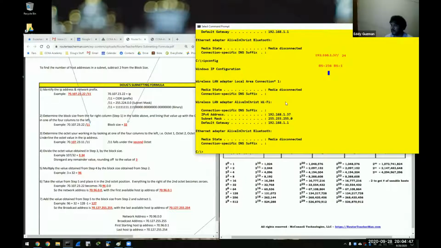See why you have to stick to the steps and the exact wording of the steps? Okay, what's step 3, guys? Determine the octet you're working in by looking at one of the 4 columns to the left. So block size equals 1.